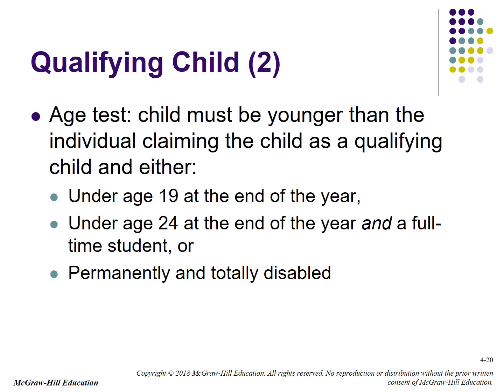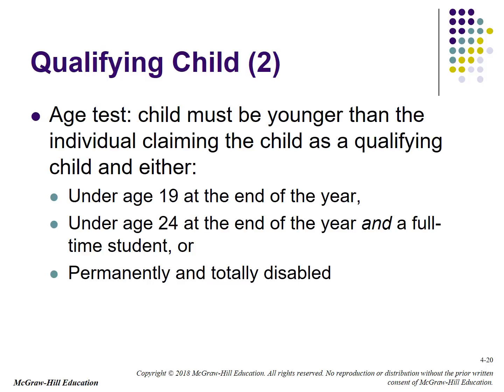Age test. The potential dependent, so this qualifying child, must be younger than the taxpayer. So if you're sitting there going, well, if they're your child, they will be. Not necessarily. Stepdaughters or stepsons, not necessarily. Brothers and sisters. So they have to be younger than you. And they are either under age 19, not 19, under the age of 19 at the end of the year.